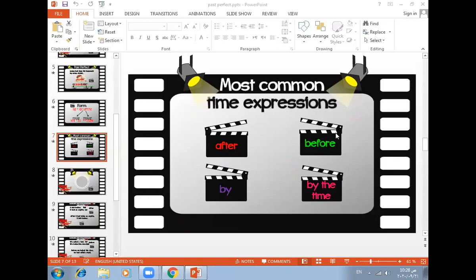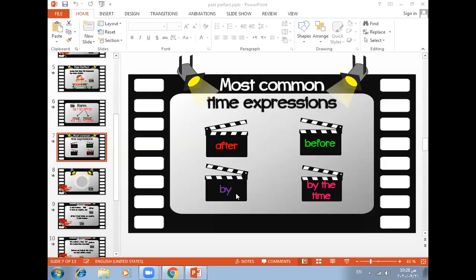Past perfect, yes. After, before, we use the second action, so after, before, you use past simple. By the time, like before, we use the past simple.